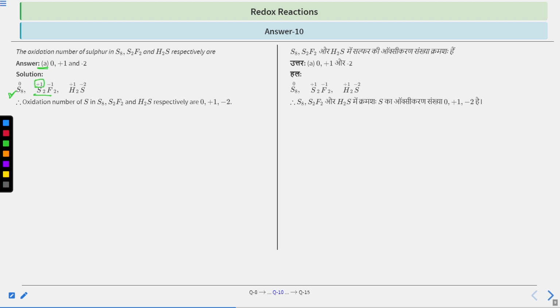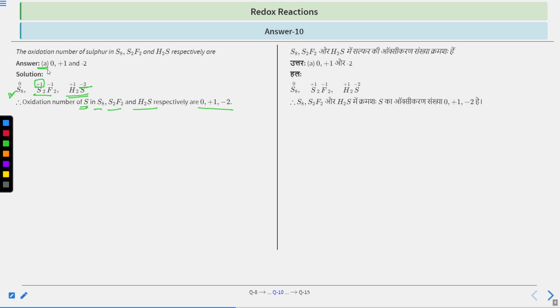And in H2S, as H is +1, S has -2 oxidation state. Therefore, the oxidation numbers of sulfur in S8, S2F2 and H2S respectively are 0, +1 and -2.